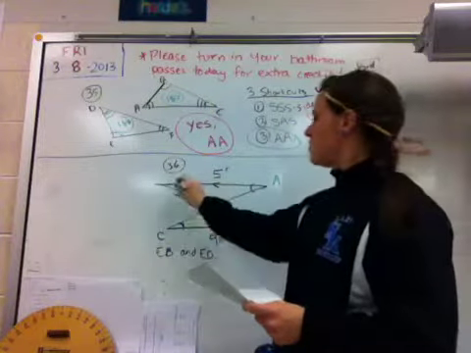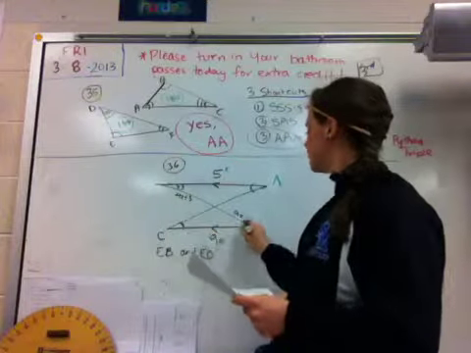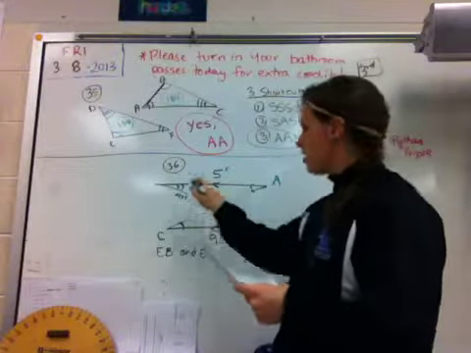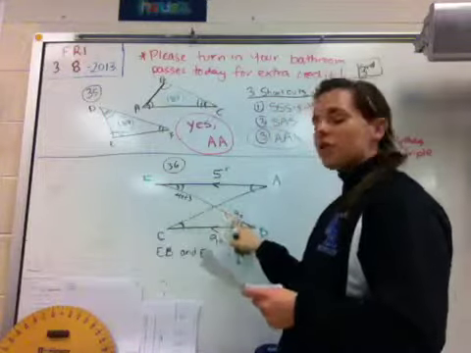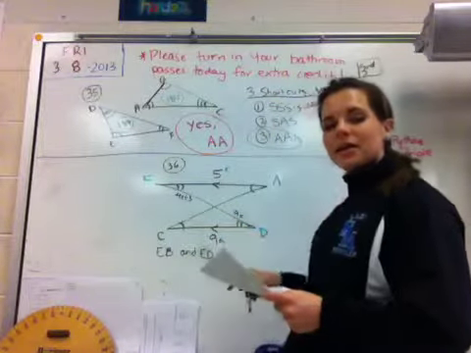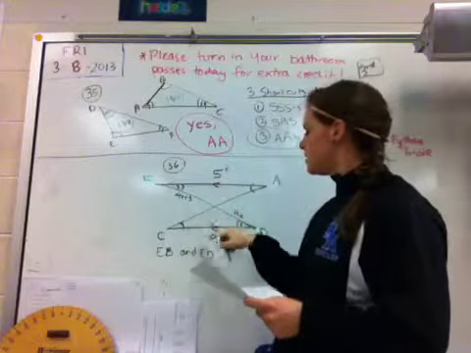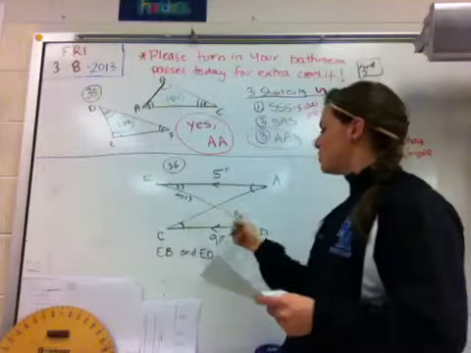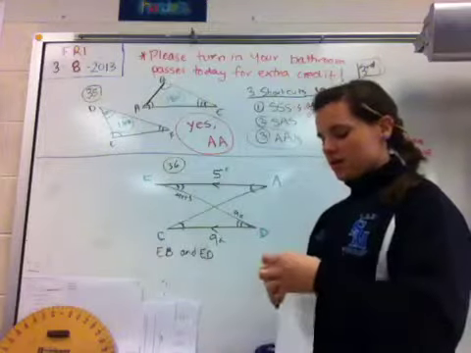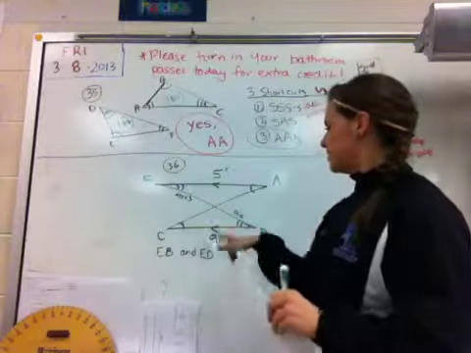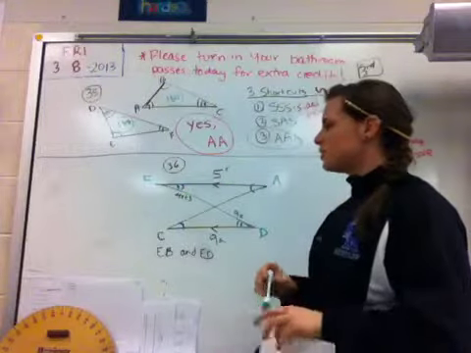Do you see your other pair of alternate interior angles? Here they are. Every time you have parallel lines, these corners of your Z's are going to be congruent to each other. That's why they put these little arrows on there, because they want you to remember about those alternate interior angles. So there we've got two angles corresponding that are congruent to each other.